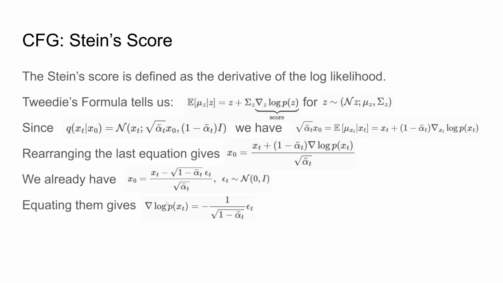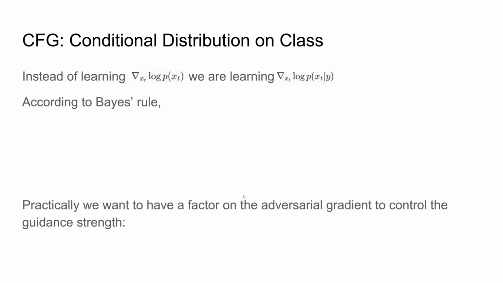So this means that the score function at each timestep in our DDPM pipeline is basically the noise times a factor. Okay, keep this in mind.